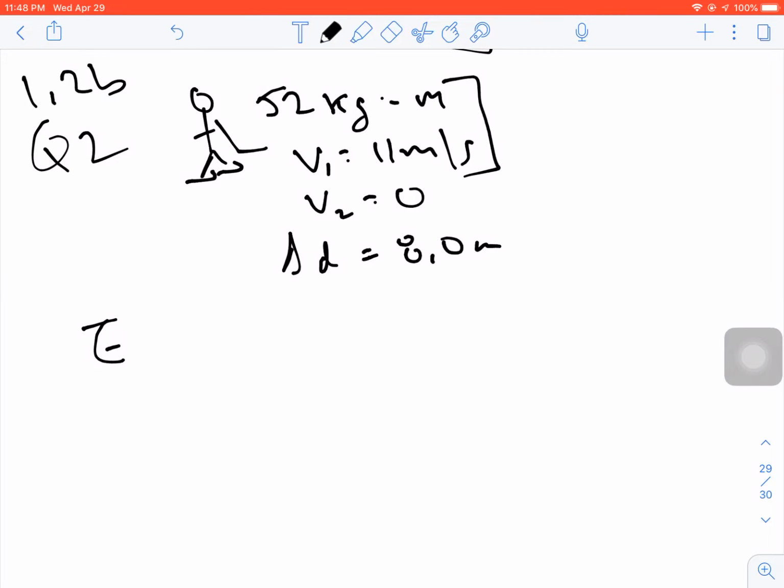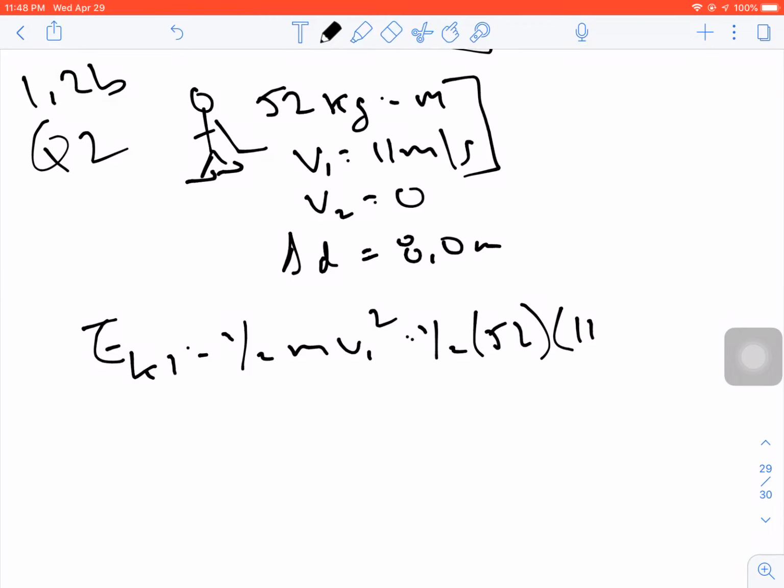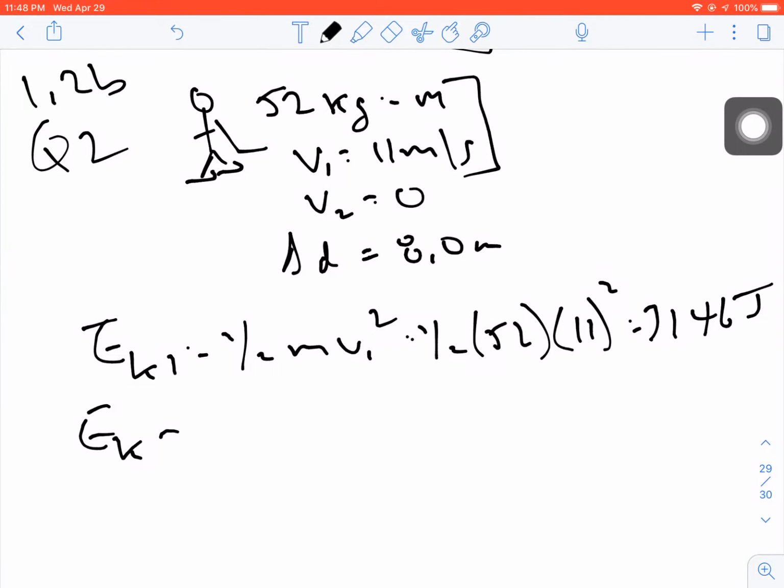So if I find the kinetic energy at the beginning, EK1, it's a half m v1 squared, which is 1/2 of 52 kilograms times 11 meters per second squared, and I get a kinetic energy of 3,146 joules. At the end there's no kinetic energy because we've stopped, so EK2 is going to be 0 joules.